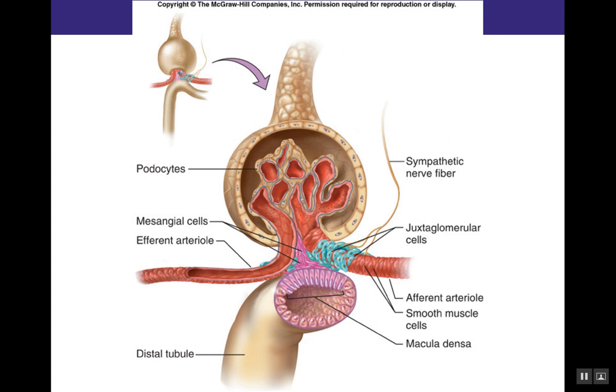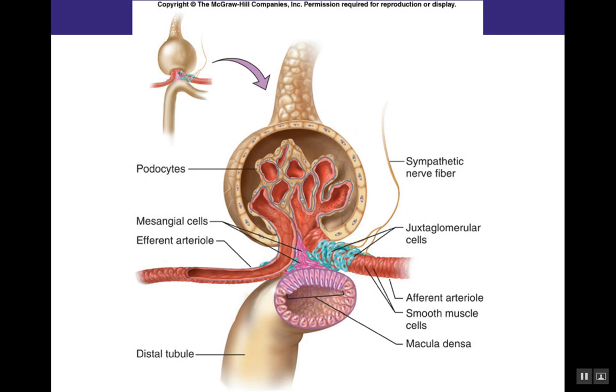So if the flow is too slow or too fast, the macula densa cells are going to send a signal to the smooth muscle cells that surround the afferent arterioles, and it's going to cause them to constrict. Again, you can imagine if the flow is too great, too fast through that area, sending a signal to those smooth muscle cells, causing them to constrict, is going to slow glomerular filtration rate and keep the flow through the distal tubule constant.